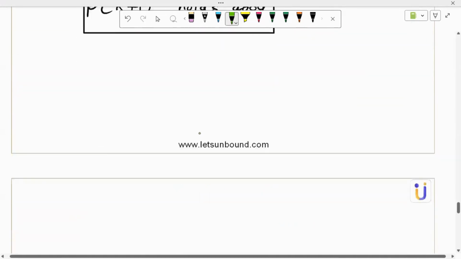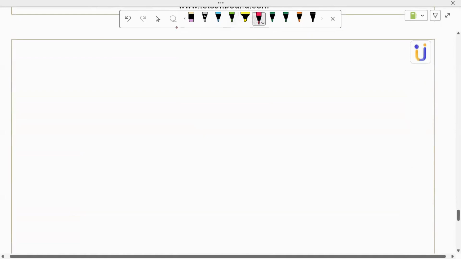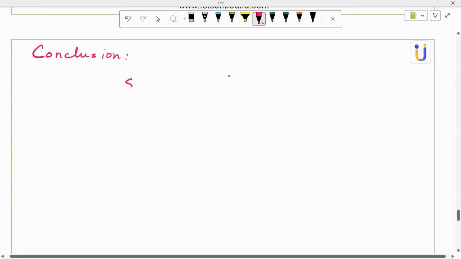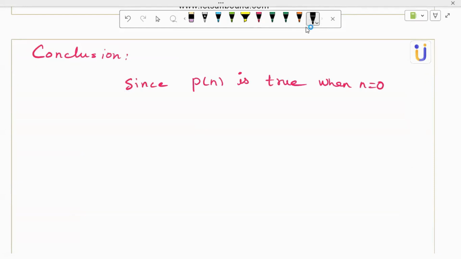And now let's conclude it. I'm writing the conclusion here. This plays an important role. Since P of 0 is true, I took the main statement as P of n. Since P of n is true when n is equal to 0, it's a kind of domino fall. If the first domino is not falling, then no need to go for the next step.